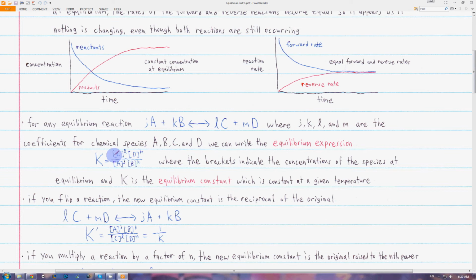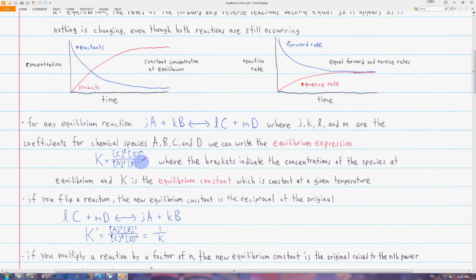So you put the concentrations of the products on top of the concentrations of the reactants, and each of these is raised to the power of its coefficient. And so these brackets represent the concentrations of these species at equilibrium.